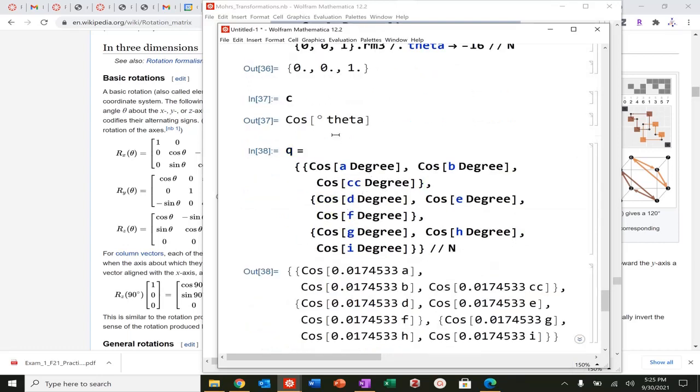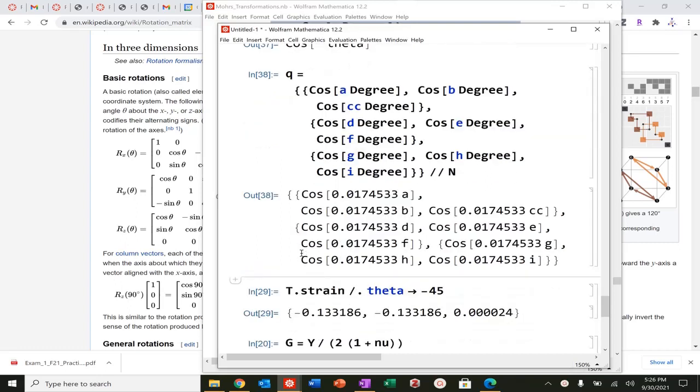So I need to now find, unfortunately, if we look back in our notes, let's go back to our notes here for a second. Let's check these out. I know A is going to be the angle between 1 and 1 prime.